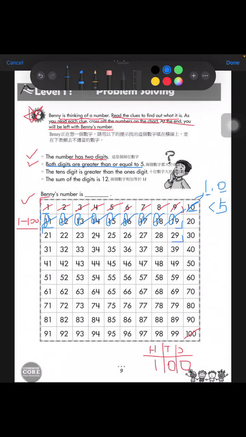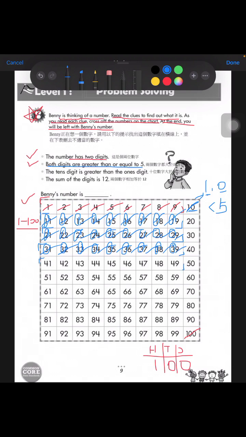And from 21 to 29, the digit in the 10th place is 2. So again, we can cross them out because it's also less than 5. From 31 to 39, yes, the digit in the 10th place is 3. So we can also cross them out because it's less than 5.